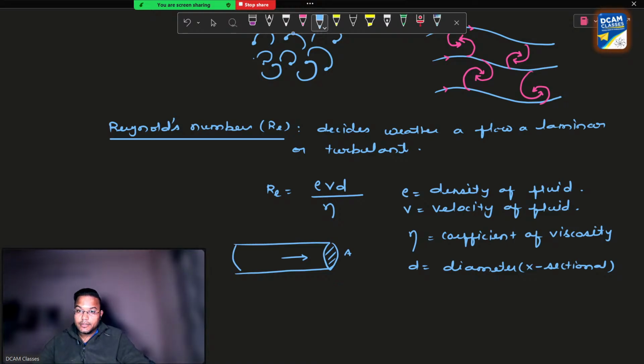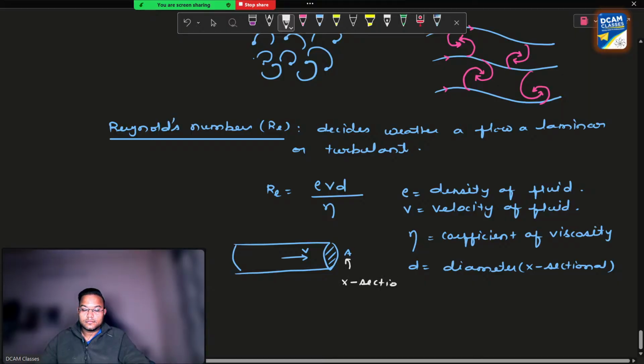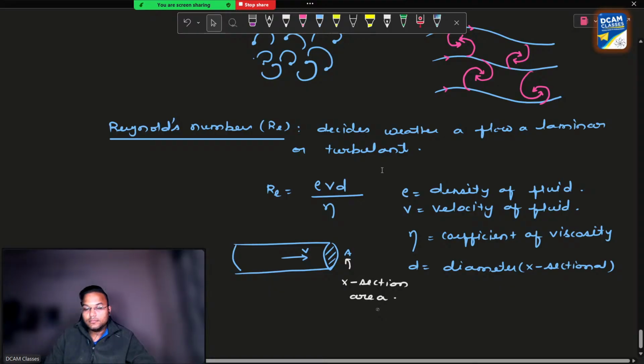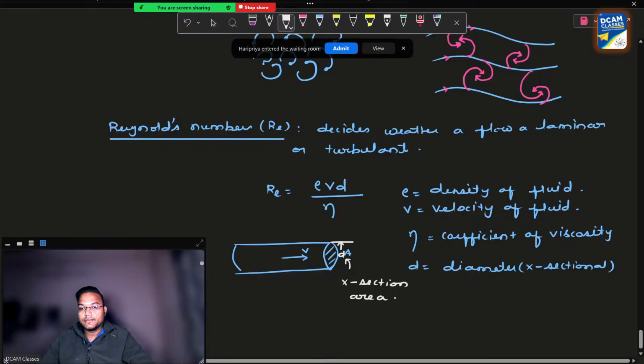So this area, this is the velocity. So this area is known as the cross-section area. Correct? And the diameter we are talking about is this one.